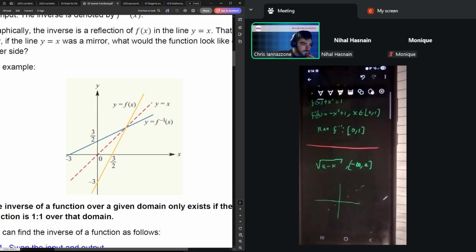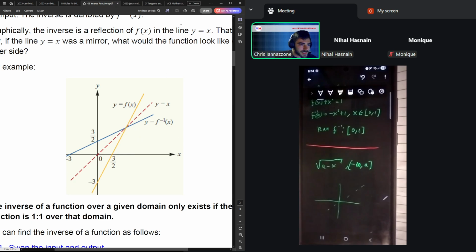So when it comes to finding the intersection point of your inverse and original, you don't even necessarily need the inverse sometimes. You can just work with the original, equate that to y equals x, and then maybe further refine your answer after that. Because what you'll find sometimes is you'll get two solutions to this, and maybe only one of them is valid, depending on where the inverse is likely to be.